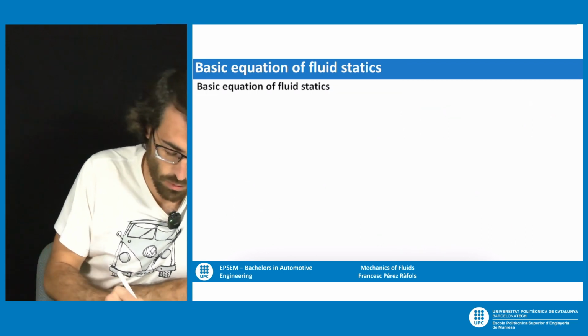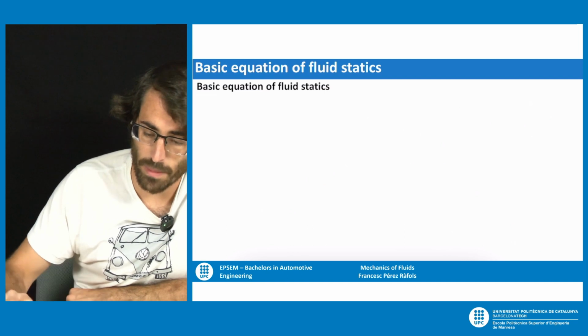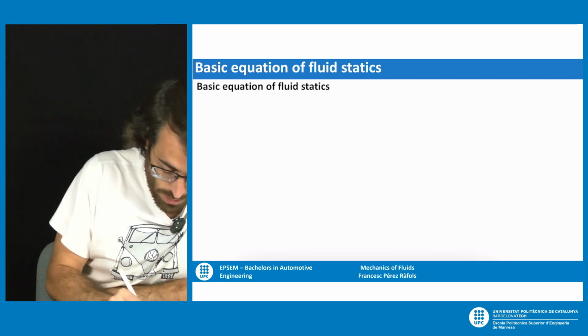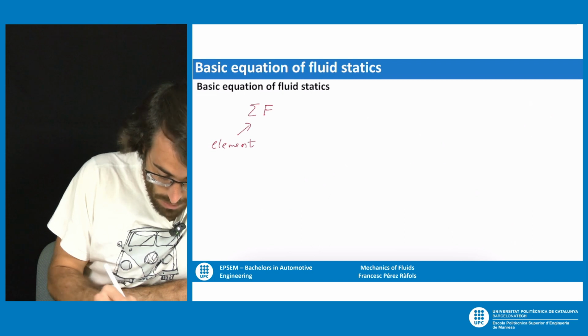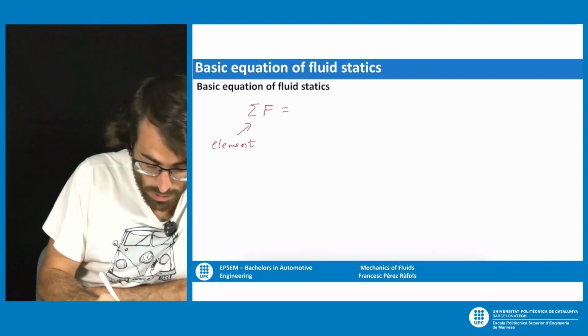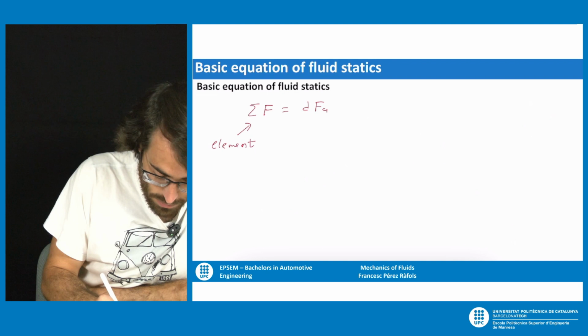So finally, we can combine and put everything together. Remember we had the sum of forces on this infinitesimal element, which will be equal to what? The force of gravity, Fg, plus the force of pressure.